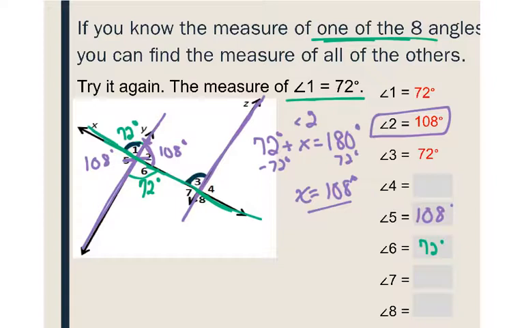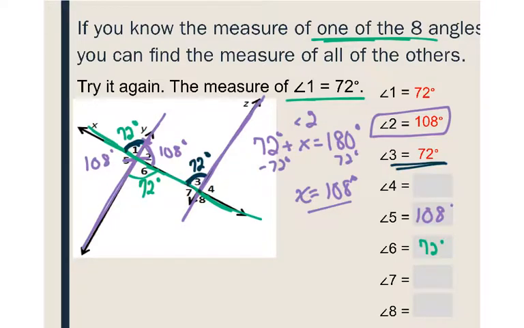But angle 1 and angle 3, in relationship to the green line, the transversal, are in the same position on different parallel lines. What type of angles are they? Corresponding. Corresponding angles are congruent. So if 1 is 72 degrees, 3 has to be 72 degrees.